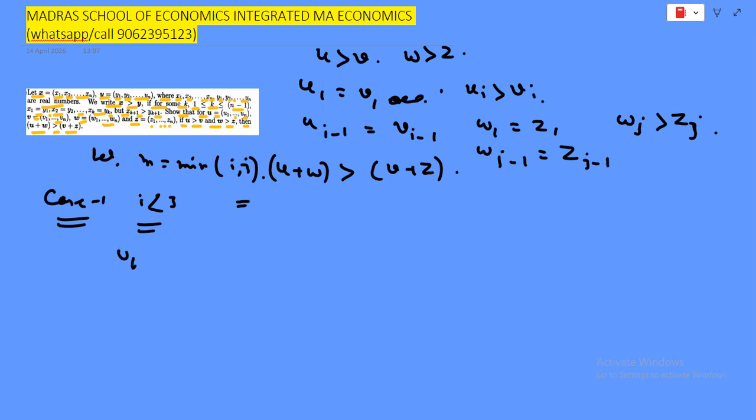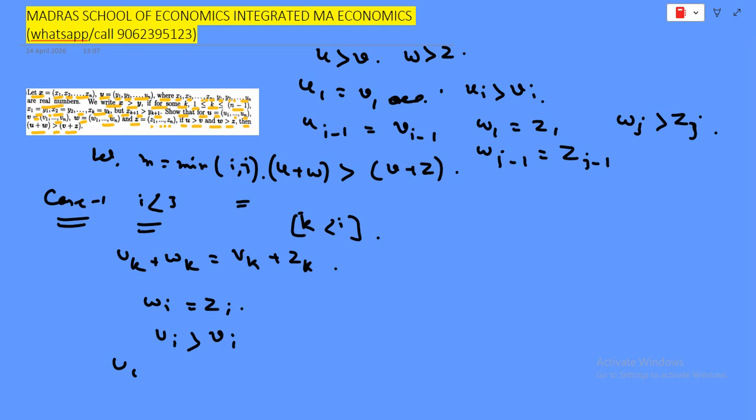So uk plus wk is equal to vk plus zk for all k less than i. Now at index i, since i is less than j, we know wi is zi, and we already know ui is greater than vi. Therefore, ui plus wi is greater than vi plus zi. So the sum u plus w wins at index i.